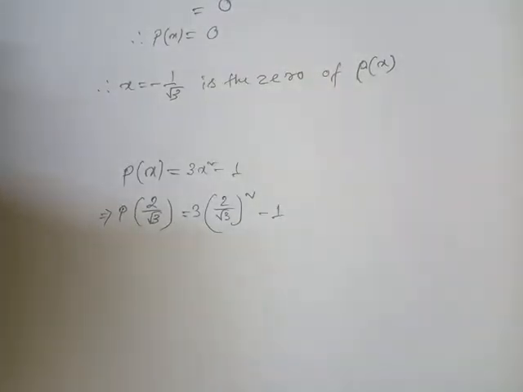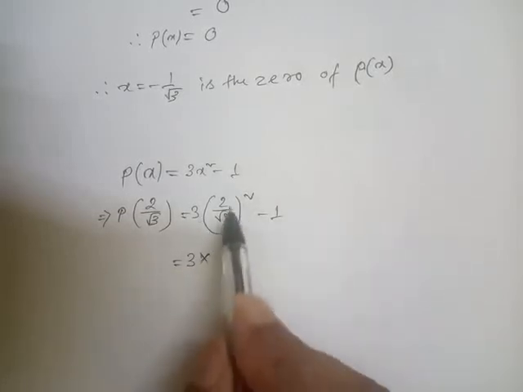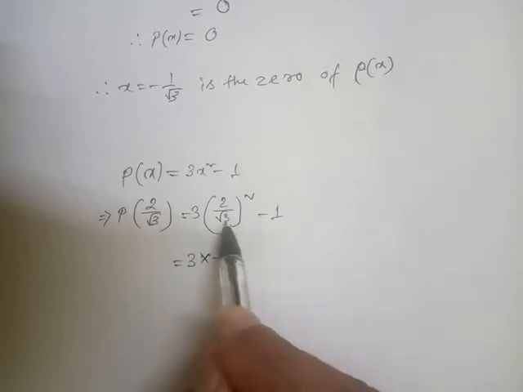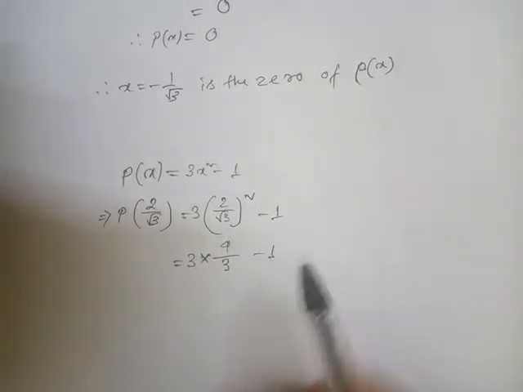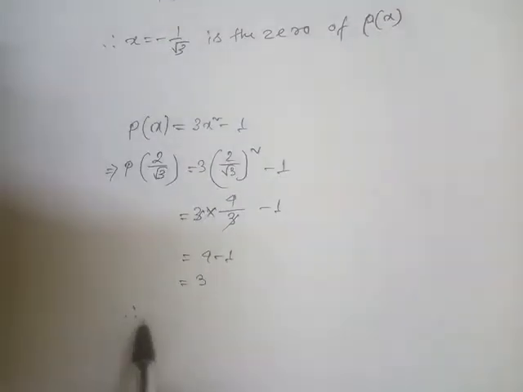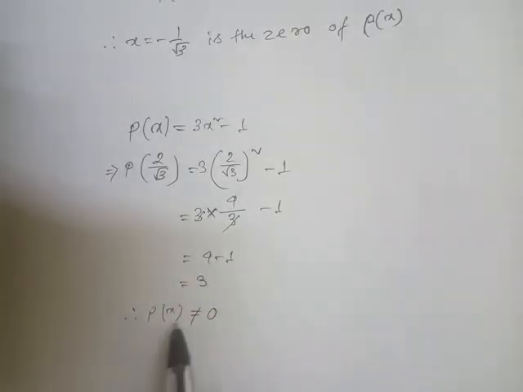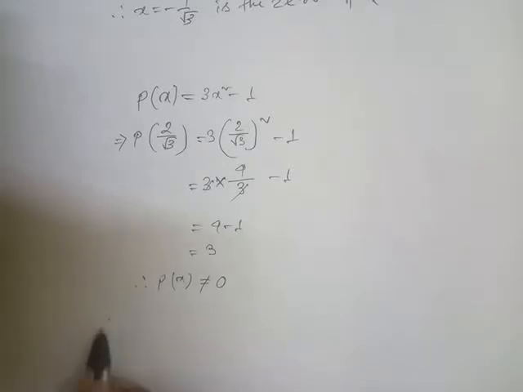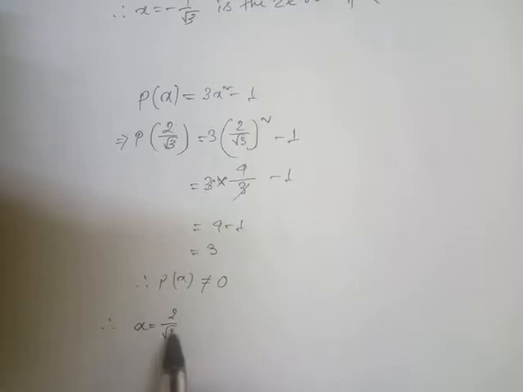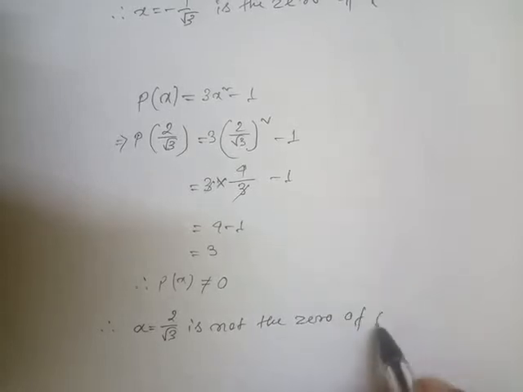Now look, students, 2 squared is 4, and root 3 squared is 3 only, and there is minus 1. Now if I cancel 3 and 3, then 4 minus 1 equal to 3, which means we can say that therefore p(x) is not equal to 0. Since p(x) equal to 3 we have got here, so p(x) not equal to 0. Therefore in the last line we write that x equal to 2 by root 3 is not a zero of p(x).